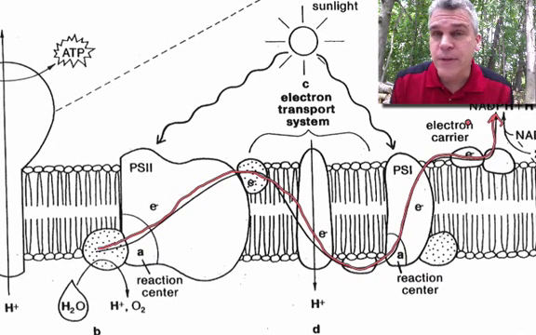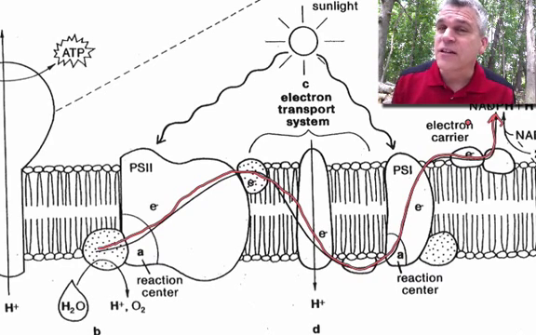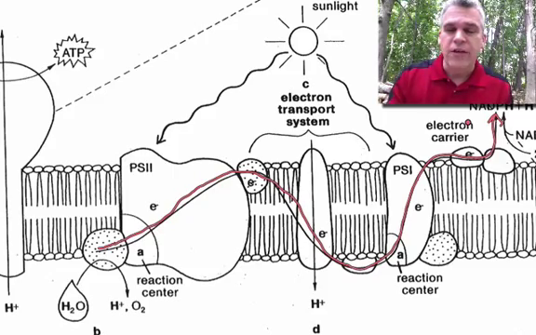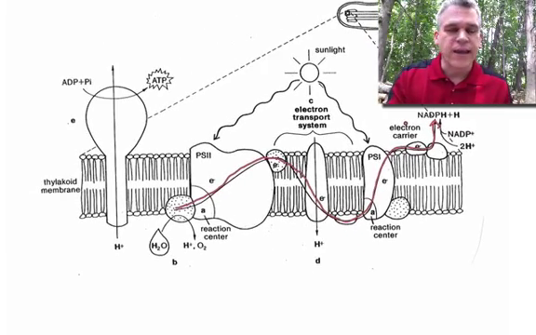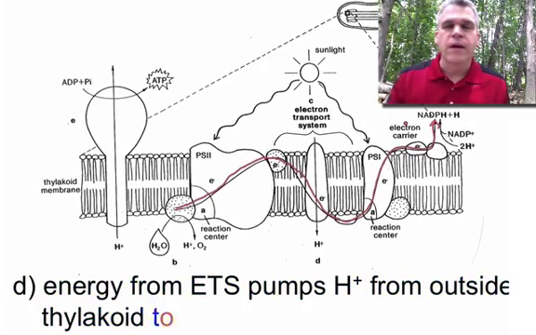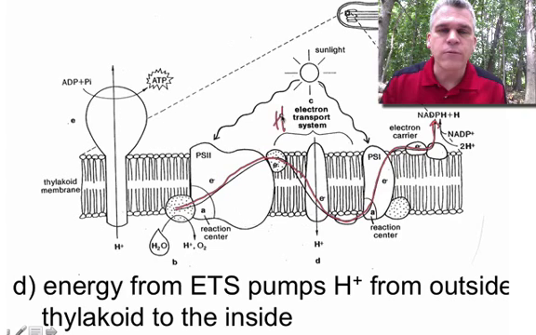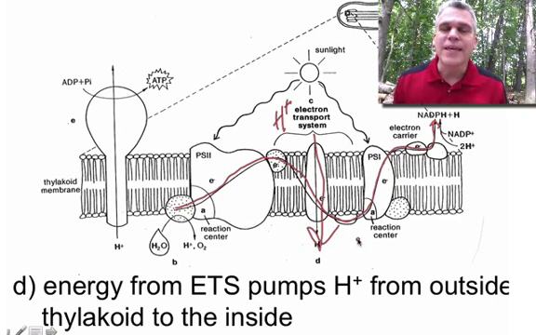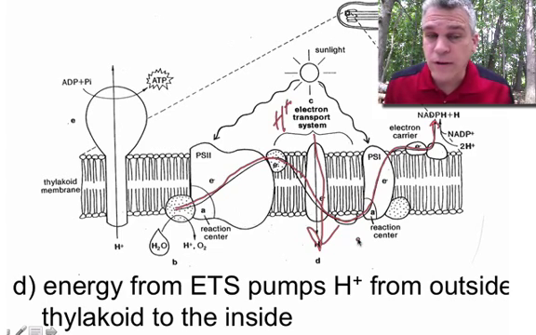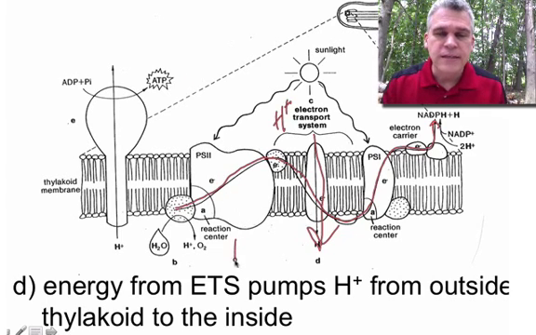Now when this happens, it's like this little electrical current. That is going to provide energy then, here at step D, for hydrogen that is on the outside part of the thylakoid to get pumped to the inside of the thylakoid.